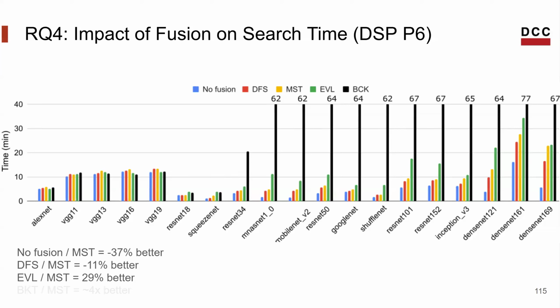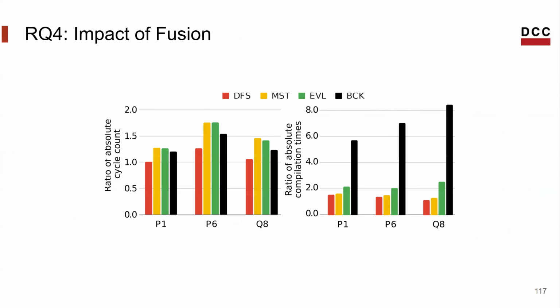In relation to evolutionary algorithm, we were 29% faster. And in comparison to backtrack, we were 4 times faster. Considering the geometric mean, NST was the best among the algorithms in terms of cycle performance and search time as well.